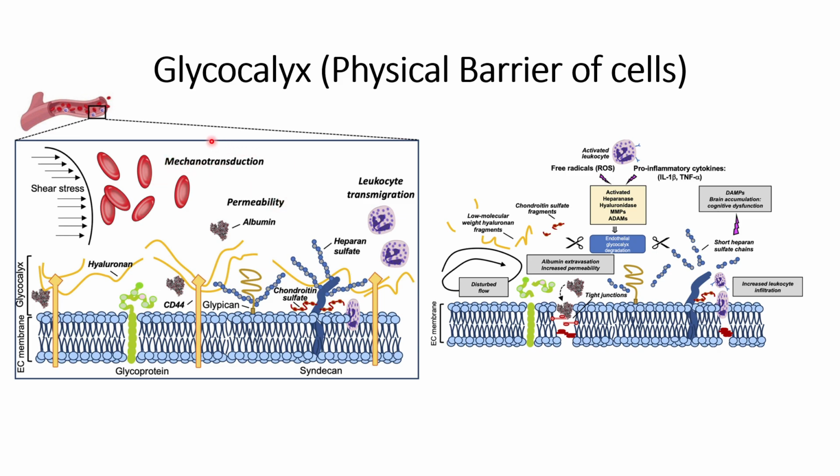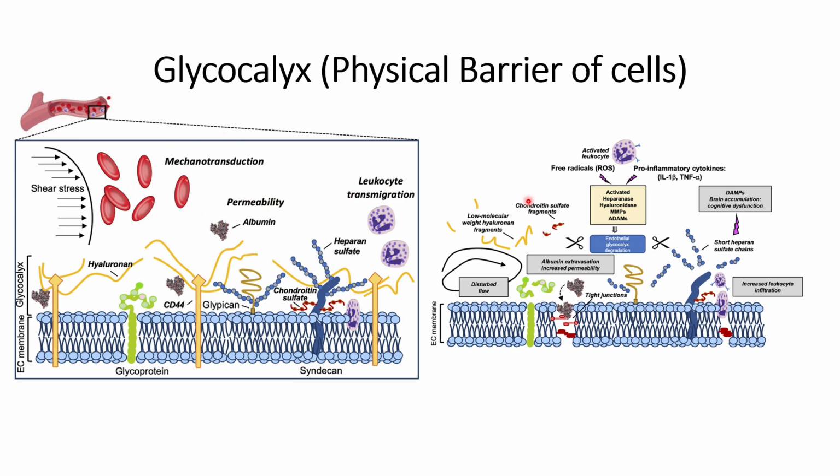This process is also known as the mechanotransduction process, where it takes the help of mechanical forces such as shear stress to help in the transduction of these leukocytes from the blood vessels into the EC membrane. And so these are some of the functions of the glycocalyx.